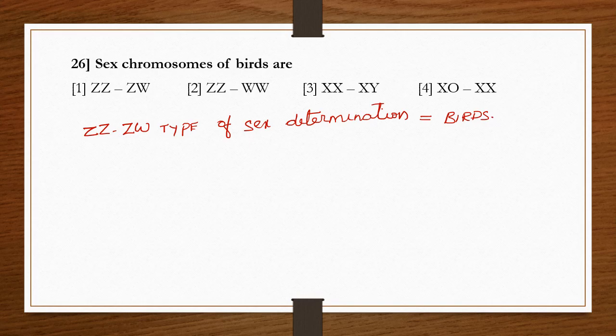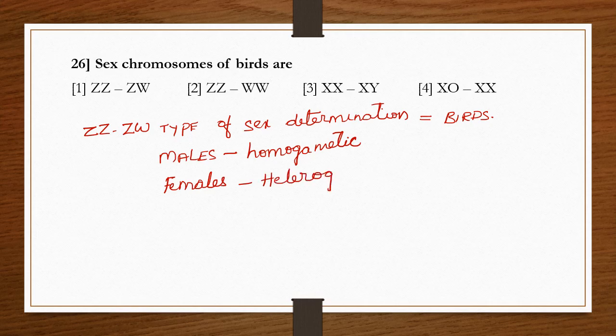In this, males are homogametic and females are heterogametic. That's why ZZ, ZW type we see in birds.